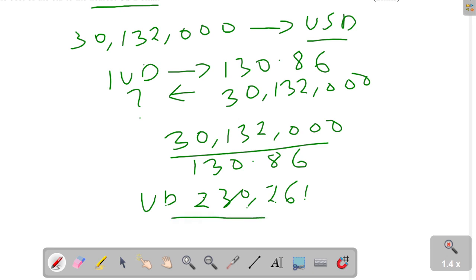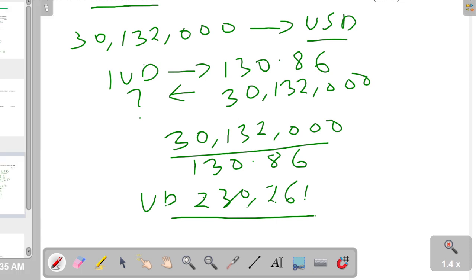So that implies that what that person got to import a car was 230,261 US dollars. So that is it.